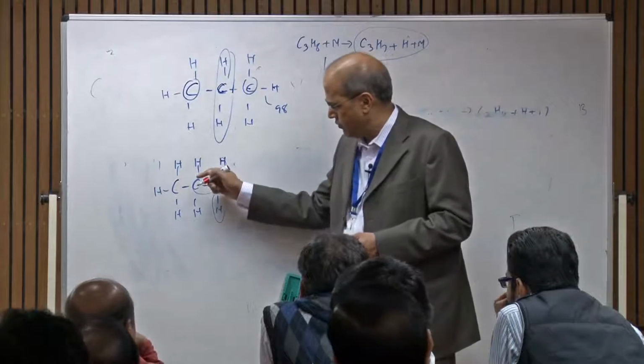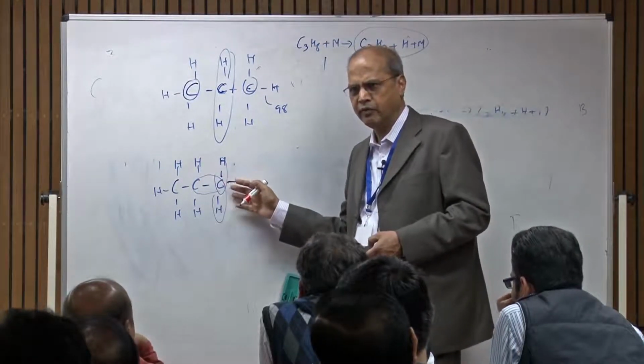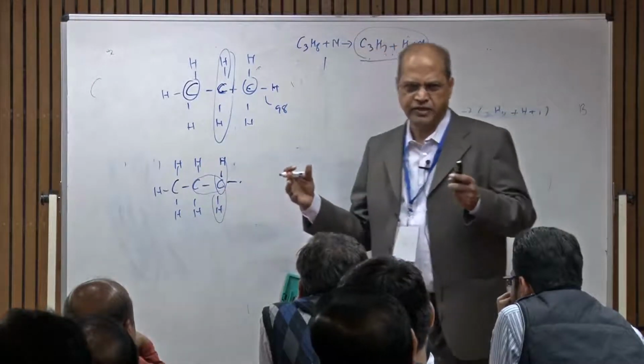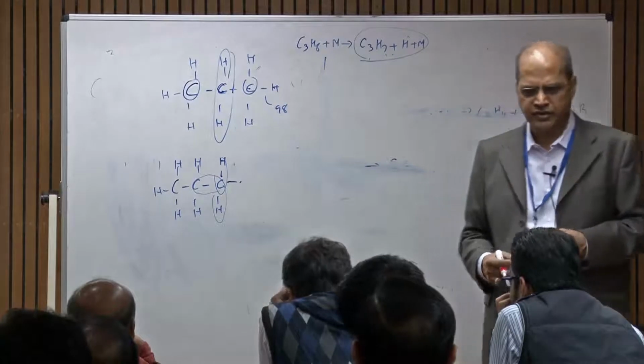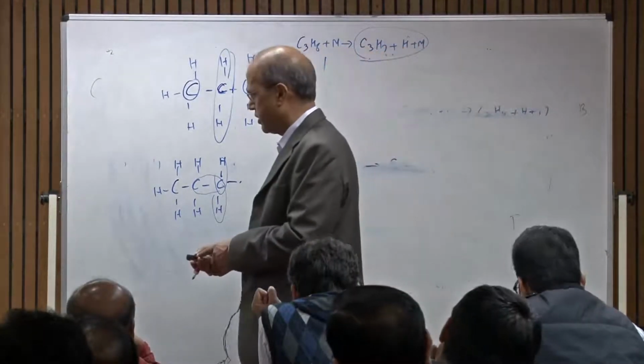The bonds which are broken now should be removed from what is called the beta site. They use a lot of Greek letters. So you can read this.